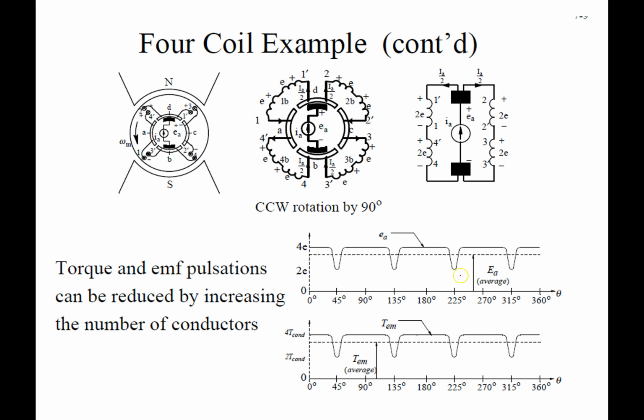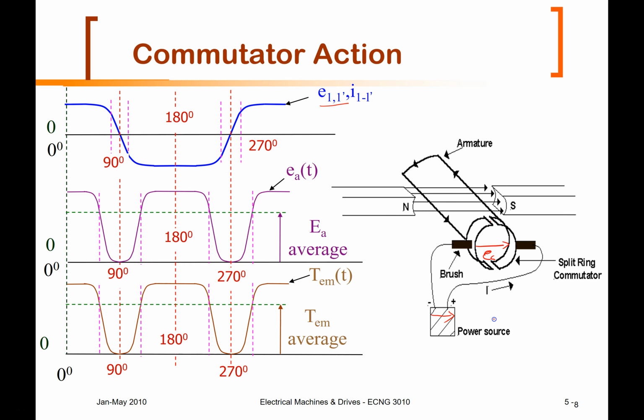What I see now is by increasing the number of segments, so you could imagine this is for 4, as I increase that number of segments, then what is going to happen is this is going to get shallower. But notice that now I have 4 breaks because we encounter a break every 90 degrees, 90 degrees, 90 degrees, 90 degrees. Whereas before, I was encountering a break every 180 degrees.